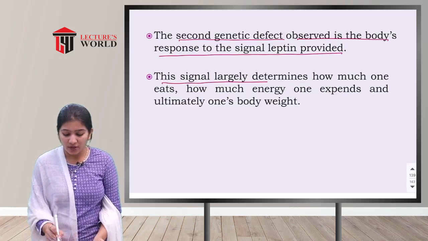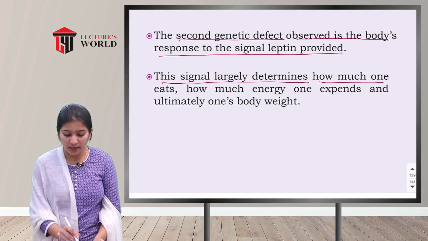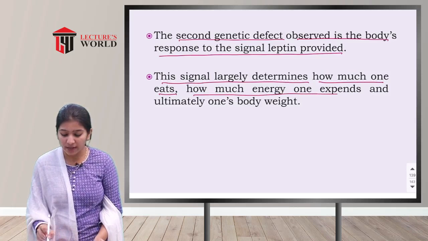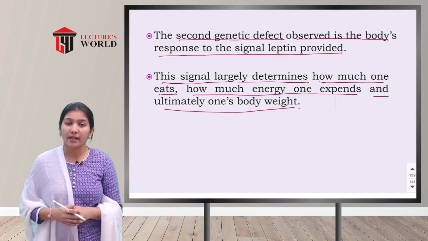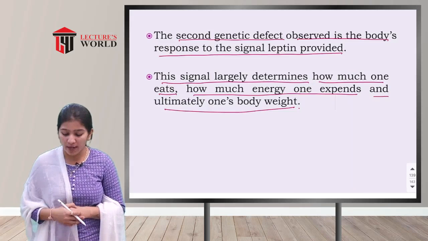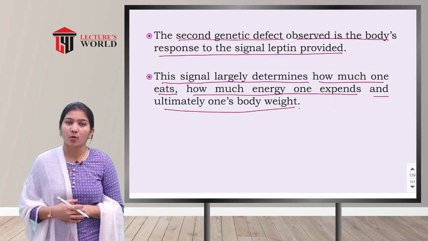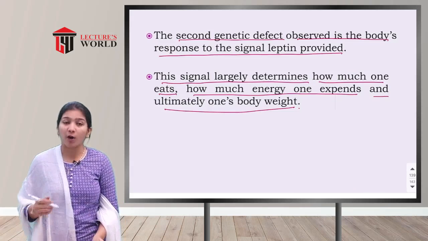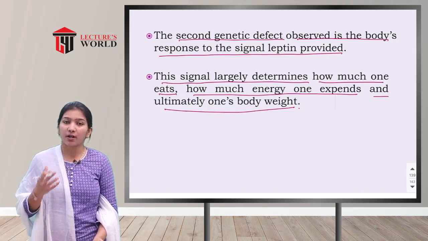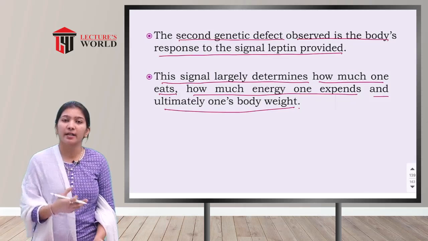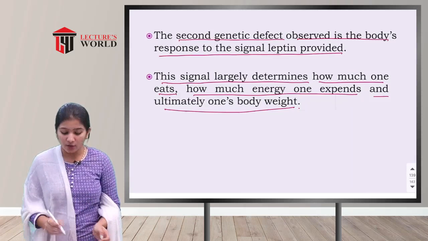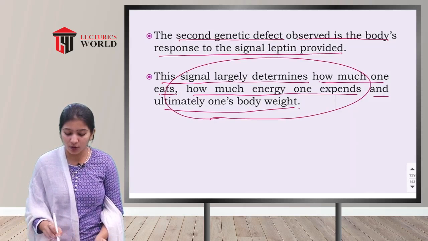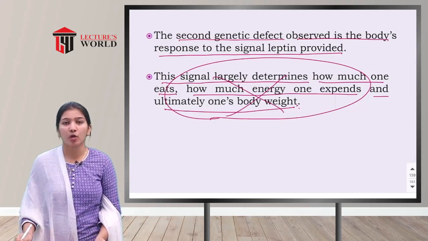This signal largely determines how much one eats, how much energy one expends, and ultimately one's body weight. With a normal leptin response, we know how much we should eat and how much energy we expend in any activity, but if there is a diminished response to leptin, these activities also do not take place properly in our body.